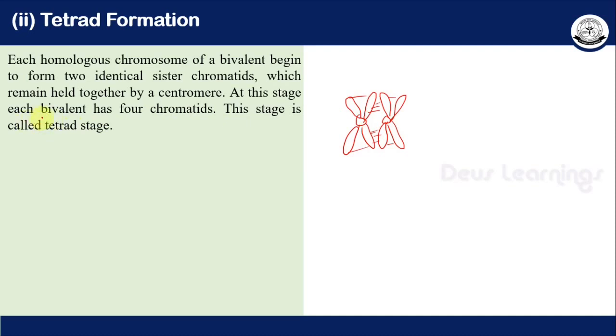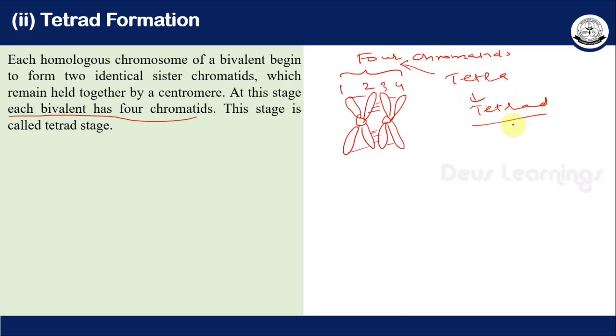Now each bivalent has 4 chromatids: this is 1, this is 2, this is 3 and this is 4. This 4 we call tetra, and therefore it's tetrad. So it's a bivalent with 2 chromosomes and 4 chromatids, so it's tetrad formation.